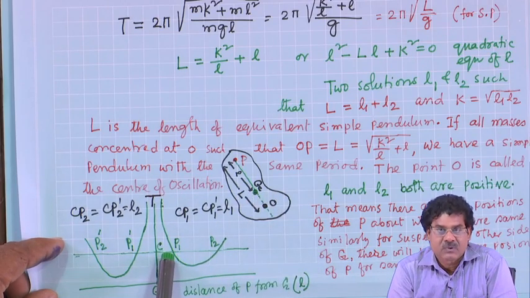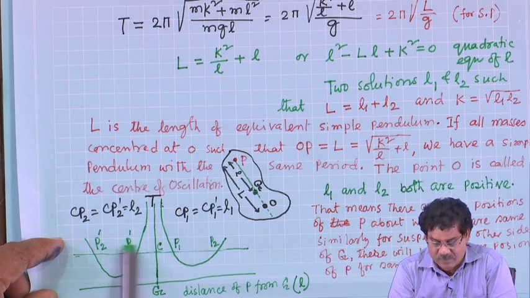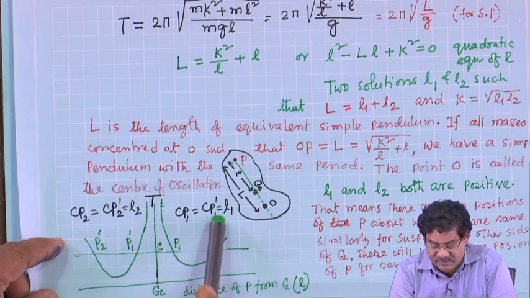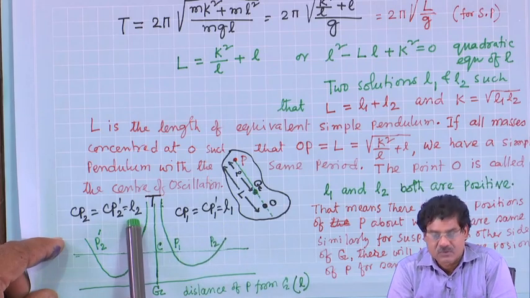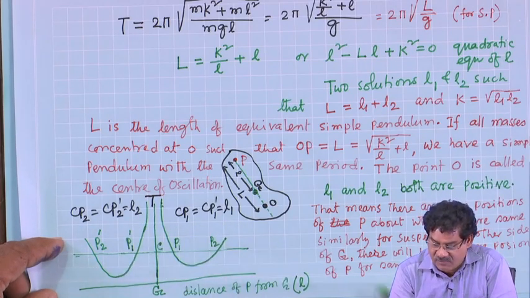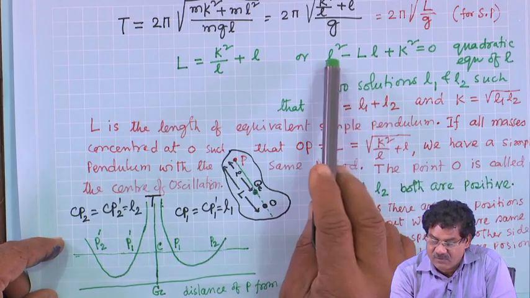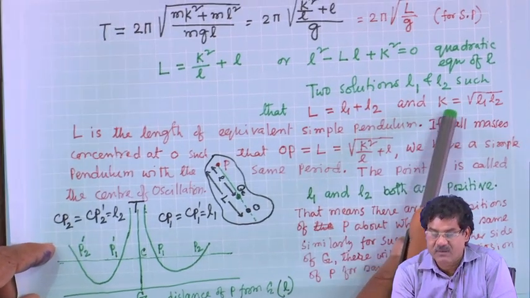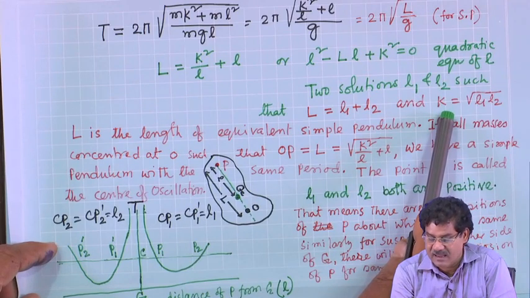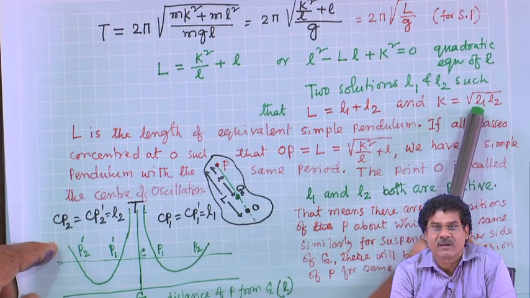So, from the graph you will get L 1 and L 2 values. Then you will find capital L, L 1 plus L 2, and you will find the radius of gyration k equal to the square root of L 1 L 2.